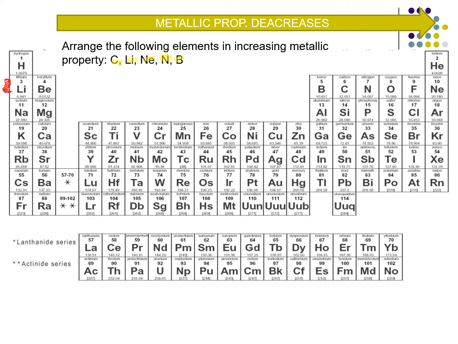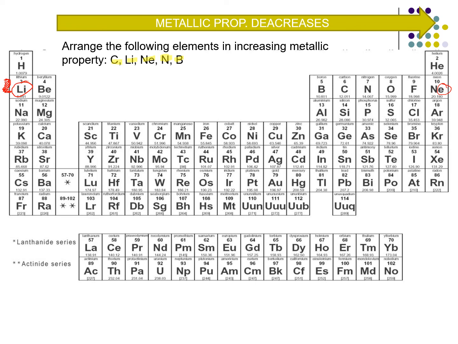Bumababa yung metallic property niya, hanggang makarating tayo sa kabilang dulo, si neon, siya naman po yung pinaka non-metallic. Kasi nga, increasing eh. So, highest metallic property ay si lithium sa period number 2, at ang pinakamababa ang metallic property ay si neon.